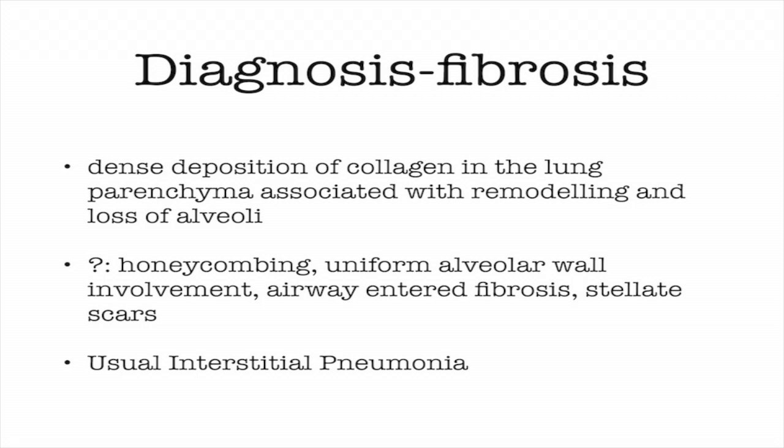You may have uniform alveolar wall involvement, or you may have an airway that is being impinged on by fibrosis. I heard the radiologist talk about that. Or you may have stellate scars. And this is very typical in the UIP.